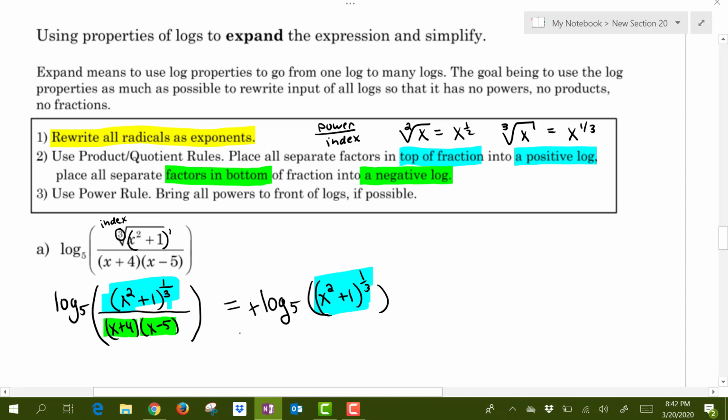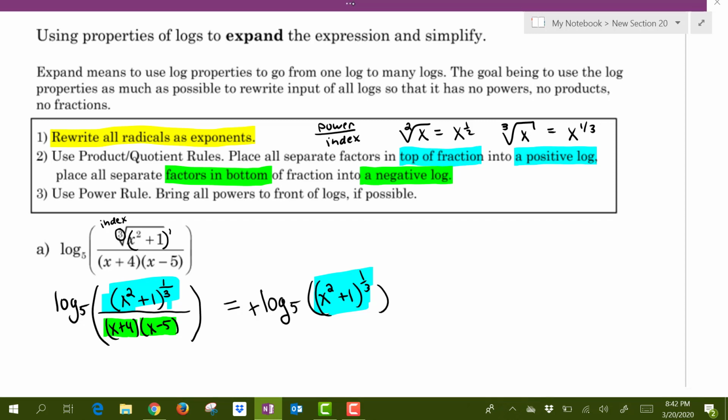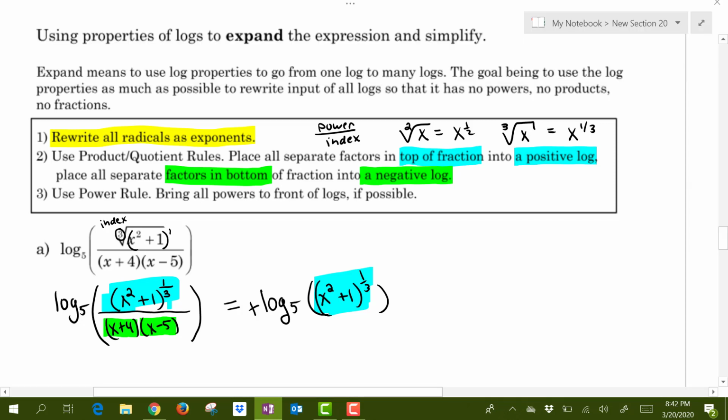So we're going to kind of assume that's like an implied positive log base 5. So the sign out front of the log. Now the other two factors are multiplied together at the bottom of that single fraction inside of that single log. Those are going to go into negative logs of the same base. So negative log base 5 and then negative log base 5.